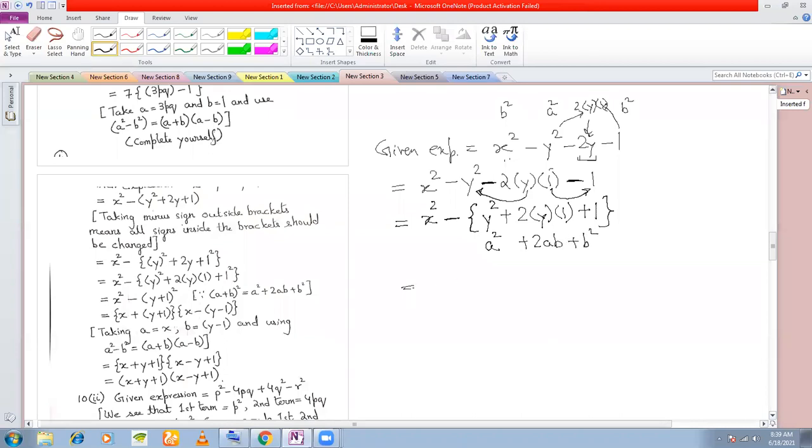So in the next step, I can write this as x square minus (y plus 1) whole square, where a here is y and b here is 1. So now you see this is a difference of 2 squares, because x square is x squared and y plus 1 whole square is the other square. So this is of the form a square minus b square, where a here is x and b here is y plus 1. Okay, that's it.